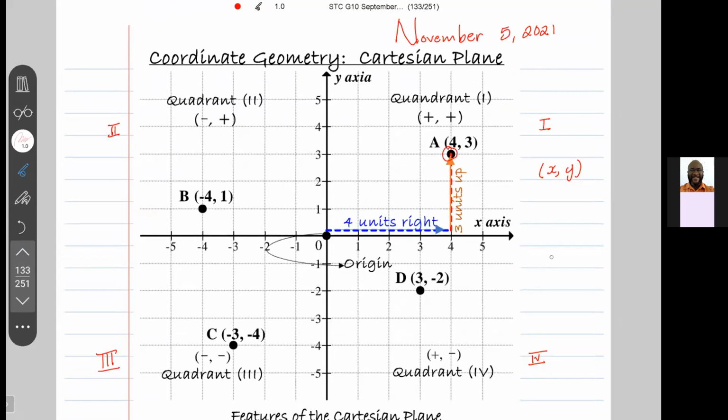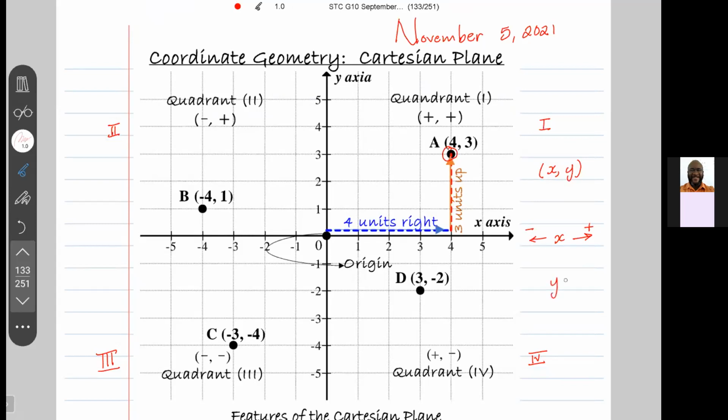The coordinate describes where a point is relative to the origin. The x coordinate tells you if the point is to the left or to the right of the origin. If the x coordinate is positive, it means it's to the right of the origin. And if the x coordinate is negative, it means it is to the left of the origin.